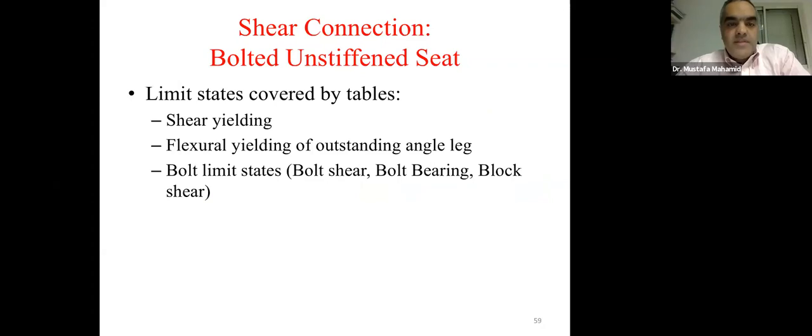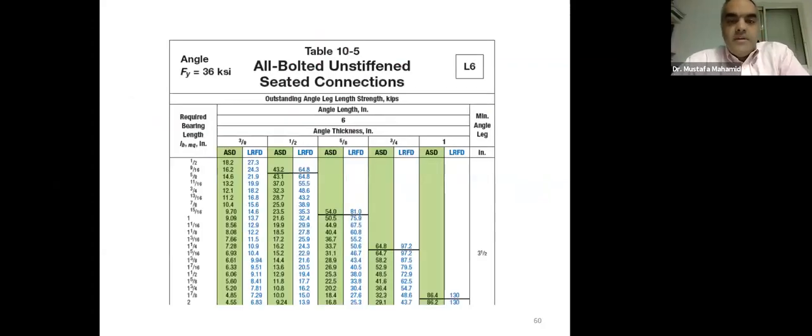The limit states covered by the table are shear yielding, flexural yielding of the outstanding angle leg, and the bolt limit states, bolt shear, bolt bearing, and block shear. Those are covered by the tables. And table 10-5 gives the capacities for all bolted and stiffened seated connections.